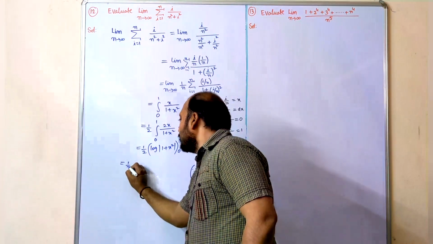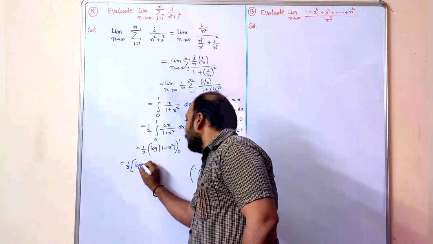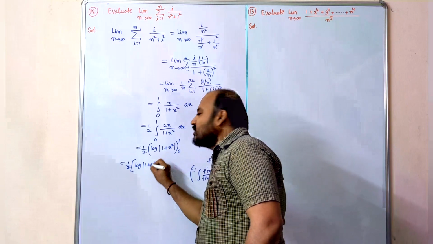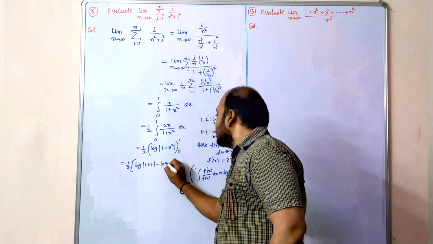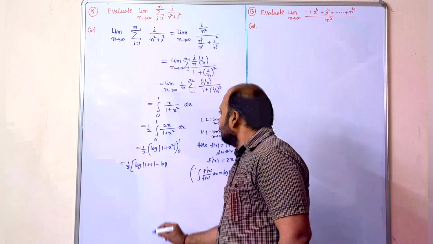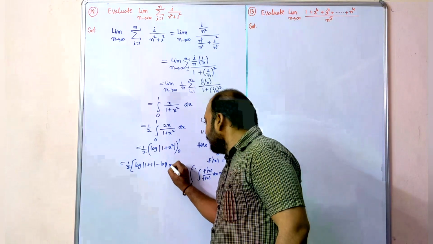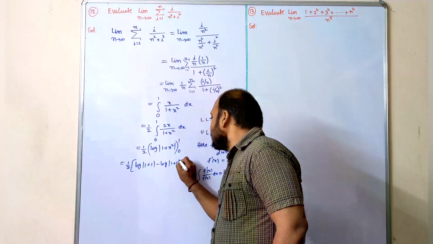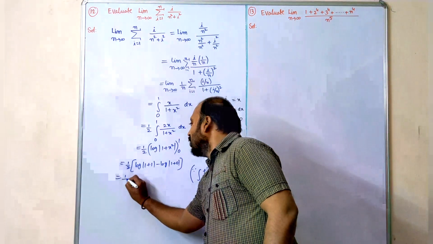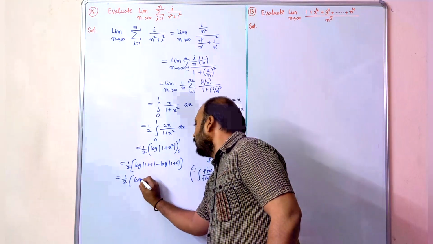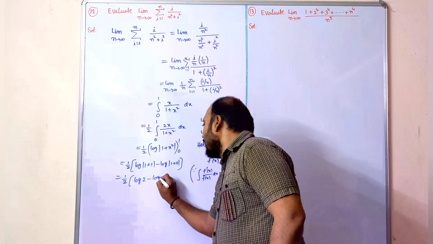So half into log 1 plus 1 square, 1 square means 1, minus log 1 plus 0. So that is equal to 1 by 2 log 2 minus log 1.